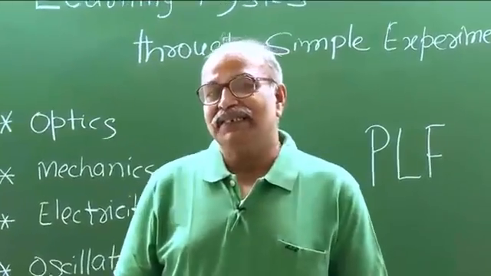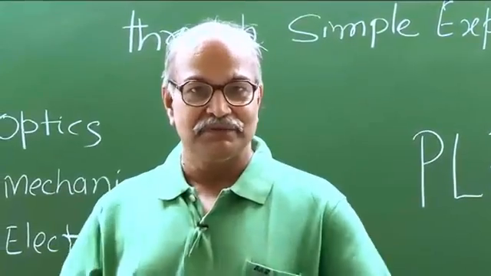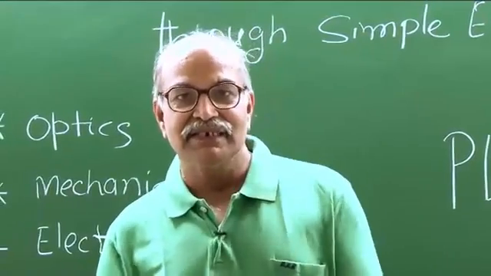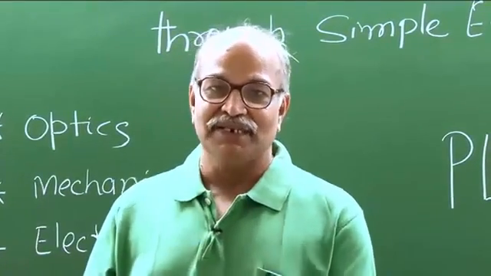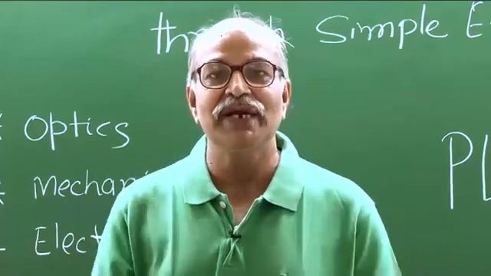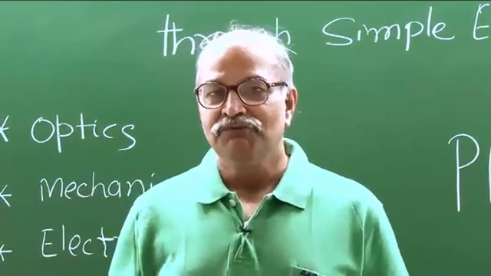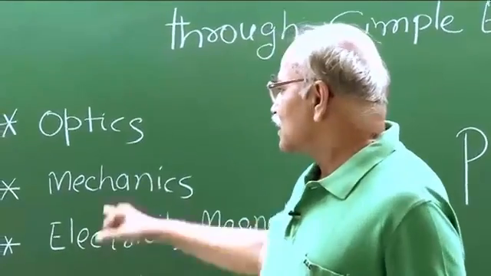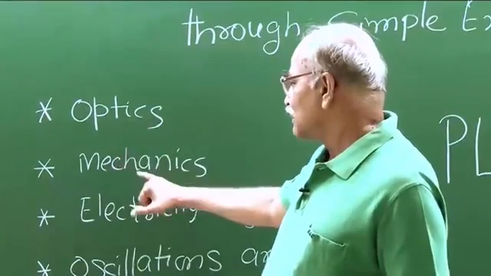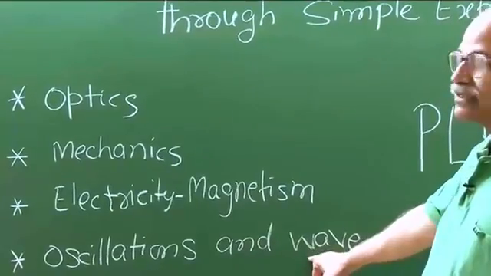I have divided this 8-week course into 4 broad modules, although in experiments you cannot really divide things. All these divisions in chapters are artificial. When you are doing something, many of the concepts go together in one experiment, but still broadly I have divided it into 4 parts: optics, that will be our first module, then mechanics, then electricity and magnetism, and then oscillations and waves.